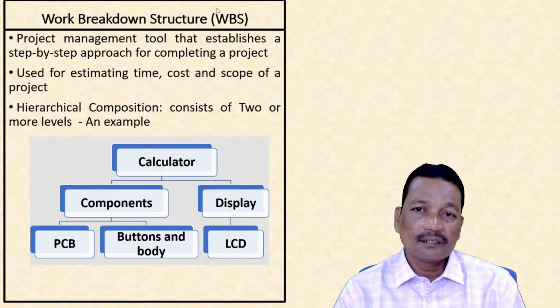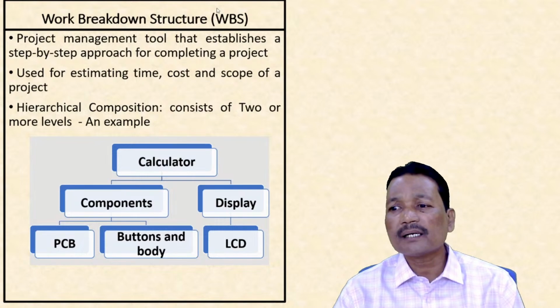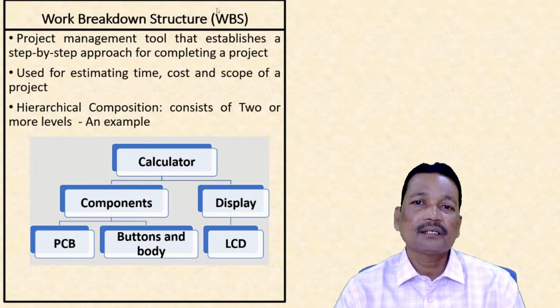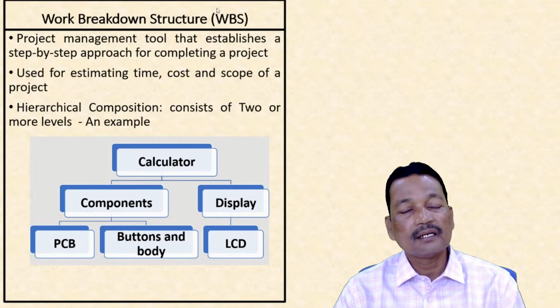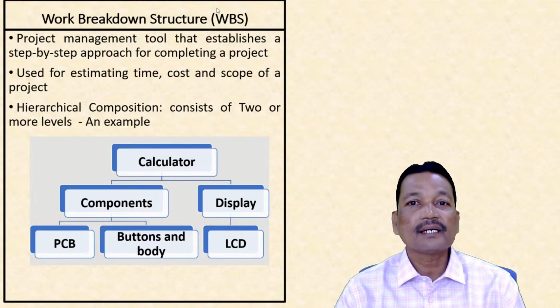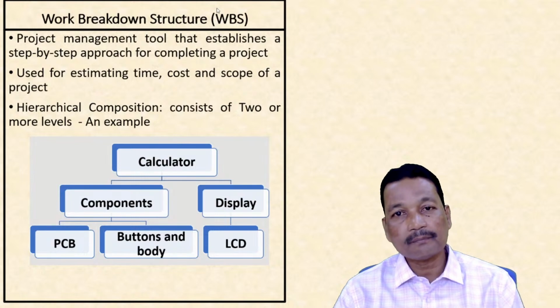For any project, we start from simple ones and we go to complex ones. Simple one, we can say level 1, level 2. As we move on to more and more complex projects, the levels keep increasing. Below level 2, level 3 will come. Below level 3, level 4 will come. Below level 4, level 5 will come.